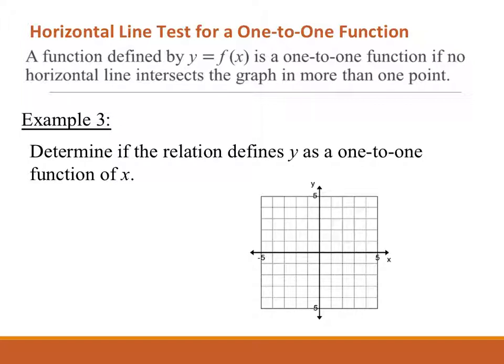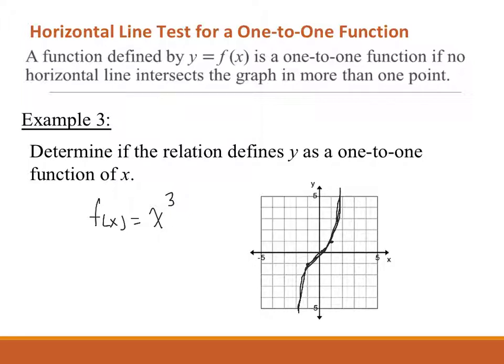So in example 3, we will consider the following function. f of x is equal to x cubed. In this case, this function at 2 is 8. 1, 2, 3, 4, 5, 6, 7, 8. So this will go up like this, and it will go down like this.